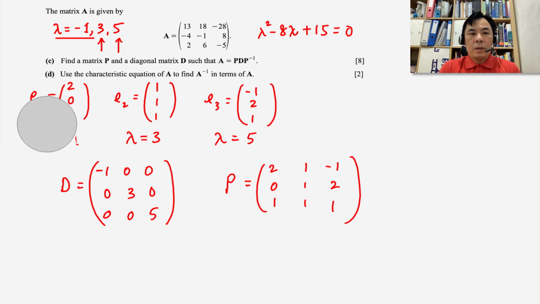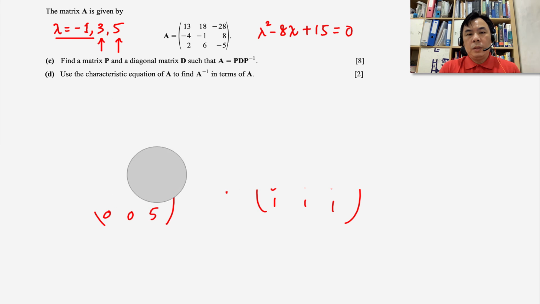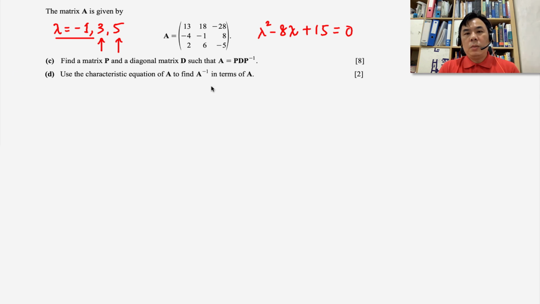Okay, so I'm going to erase all this. And you will notice that I keep one of the equations over here because I need these equations to find the characteristic equation of A. Now, in the exam, if you're running out of time, this particular equation is actually known as the characteristic equation that we have already worked out from the previous sections when we key in determinant of A minus lambda I is equal to 0.